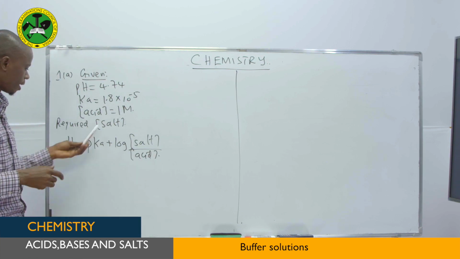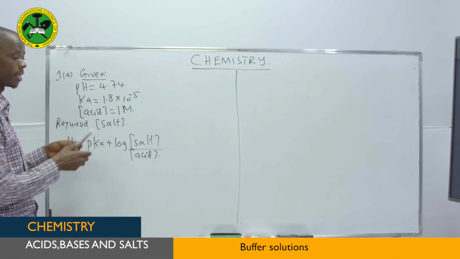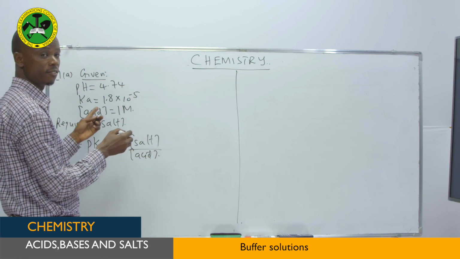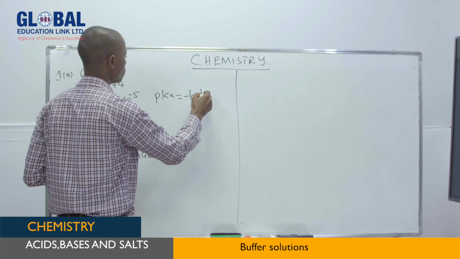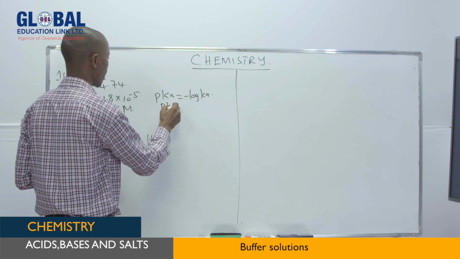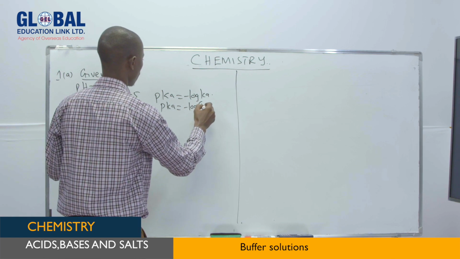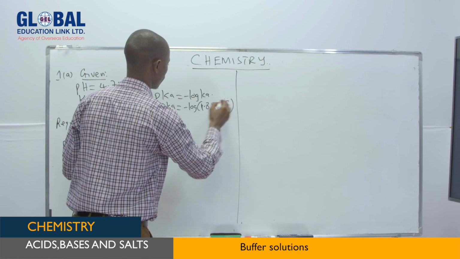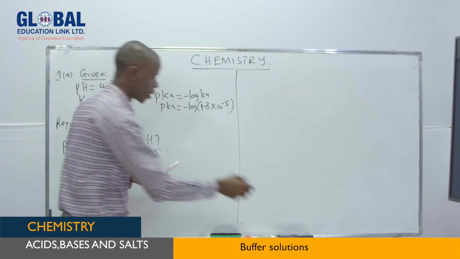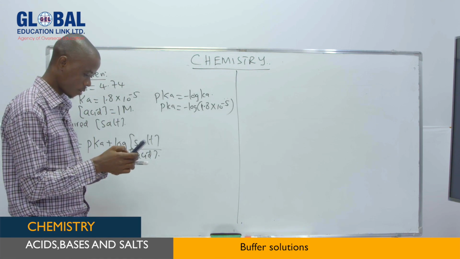Now from there, because we have pKa and this is Ka, and you know that the formula for finding pKa is equal to negative logarithm of Ka. Therefore, pKa there would be equal to negative logarithm of 1.8 times 10 raised to negative 5. So you can use your calculator. You take your calculator, then you find that one.